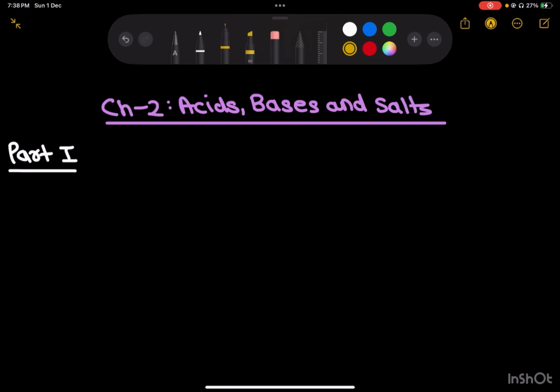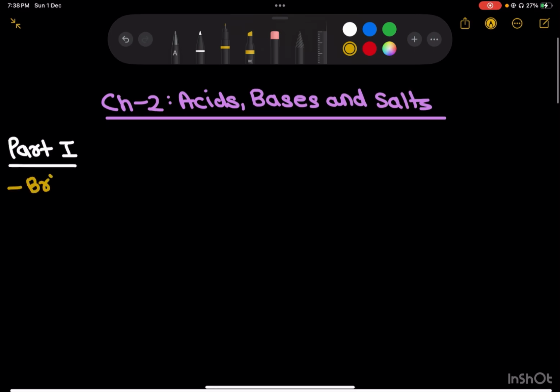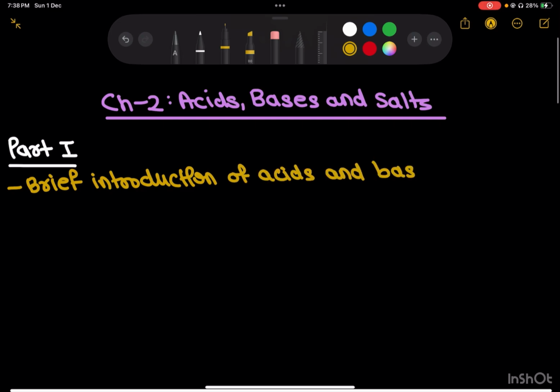Okay, so let's start. In this part, we are going to see a brief introduction of acids and bases. After that, we'll see what exactly are indicators. So there are three types of indicators.